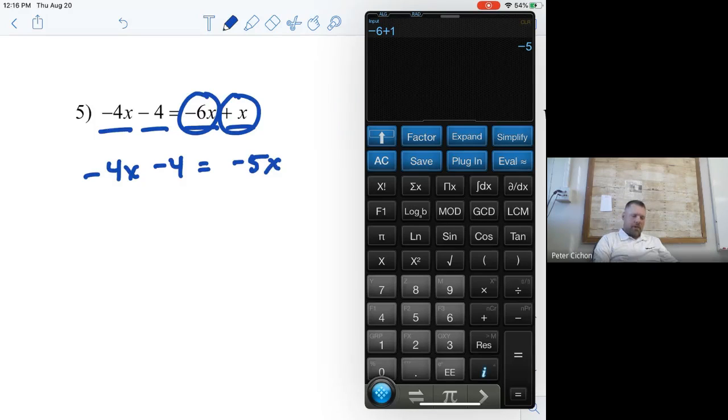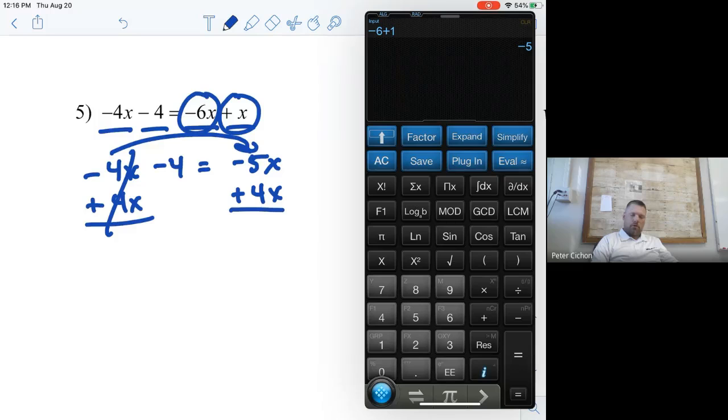Now, because there's only an x on this side and there's nothing else, I'm going to move this x over there, because if I do it the other way, there'll be nothing here. It'll be blank. I don't want that. So it's a negative 4x, so I'm going to add 4x.